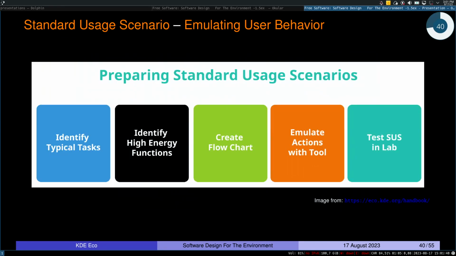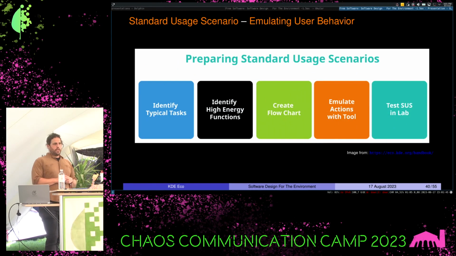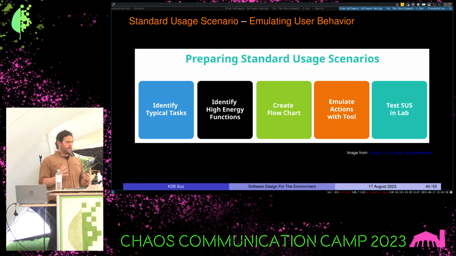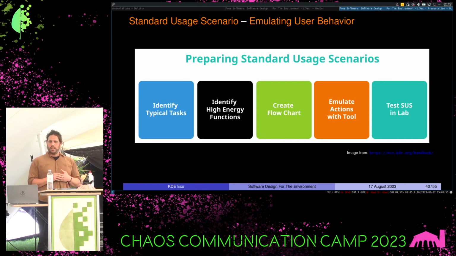As they see fit. What you would need to do if you wanted to use a lab like this is define a standard usage scenario, which requires identifying typical tasks done by a user, perhaps identifying particularly the high energy ones to get an idea of the energy consumption related to that, create a flowchart of actions, and then emulate it. There are many ways to emulate it. Right now, KDE is focused on using Selenium, which is often used for web emulation, adapting that for desktop software.